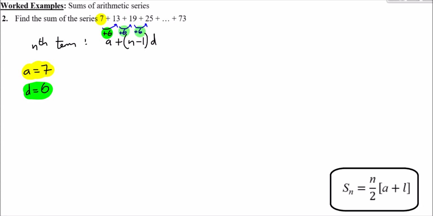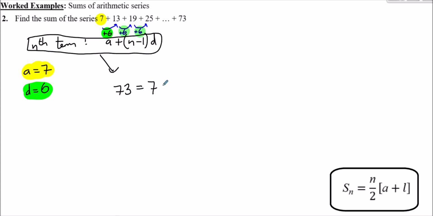So we can apply this to 73. So if we just put, using this here for the nth term, 73 equals the first term, 7, plus n minus 1 multiplied by 6.